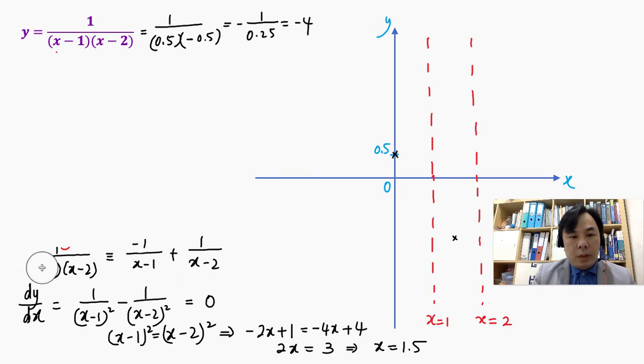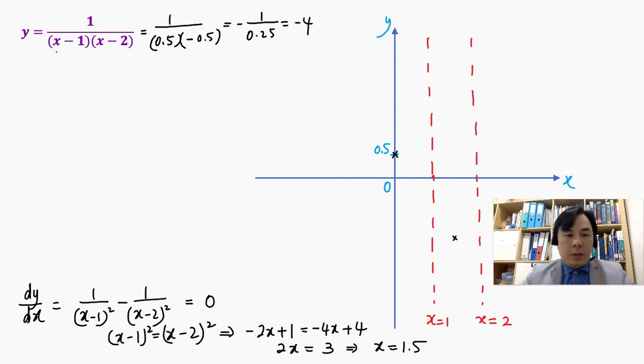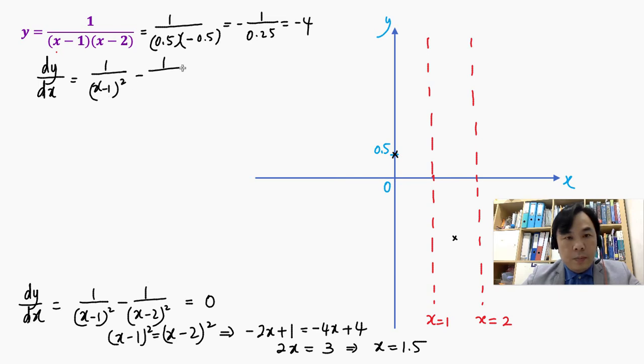Okay, our dy dx. I just keep our dy dx. I'm going to rewrite my dy dx again. Therefore, my dy dx is equal to 1 over x minus 1 square. Okay, that's my dy dx. And then I don't really need this anymore.